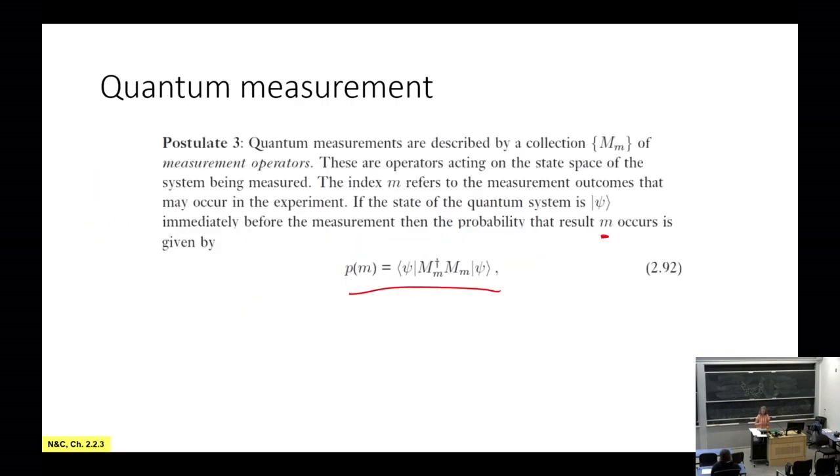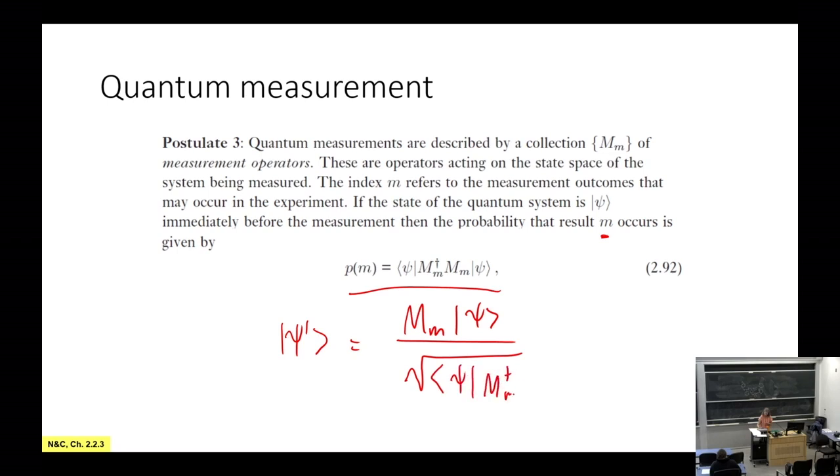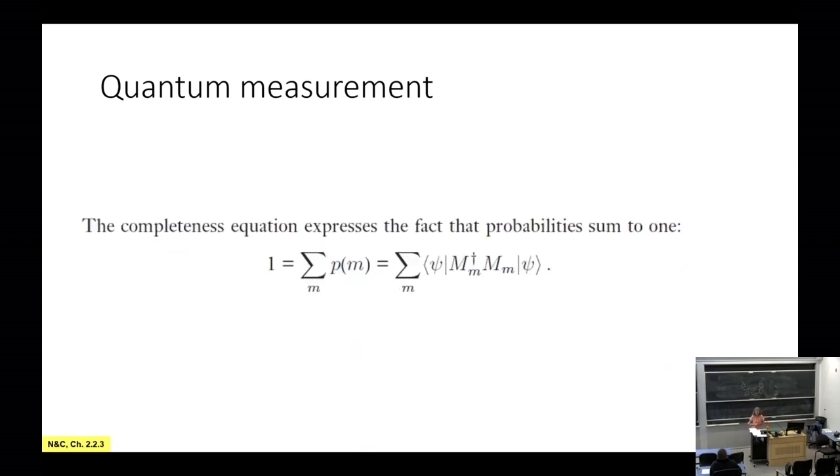So the state of my system after I measure it is equal to M_m times psi divided by the square root of psi M dagger M psi. And these measurement operators that I'm talking about, they satisfy the completeness equation. So the sum over m of M_m dagger M_m is equal to identity, which is why this is the case.